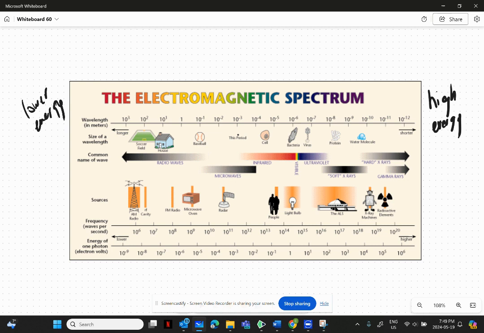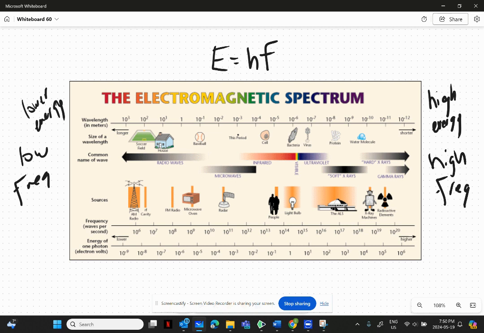Then right underneath that I would put the frequency, and frequency is directly related to energy, right? E is equal to hf, as we've learned with Planck's constant. So here we have lower energy, so we have low frequency, and then we have high frequency over here. So high energy, high frequency, low energy, low frequency. And I would probably leave it at that.